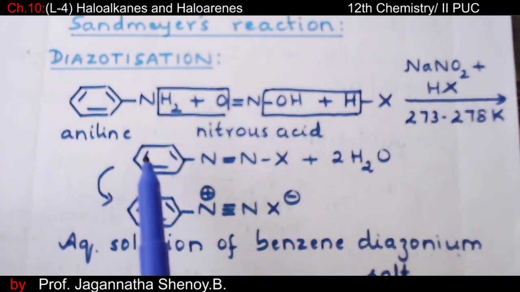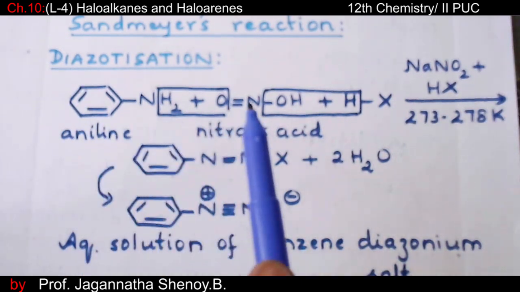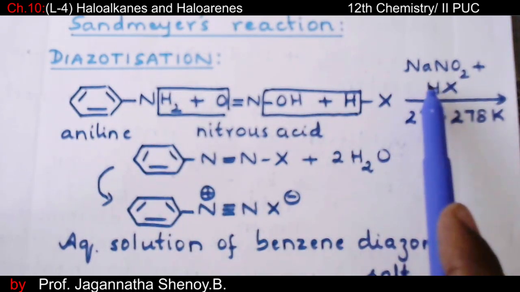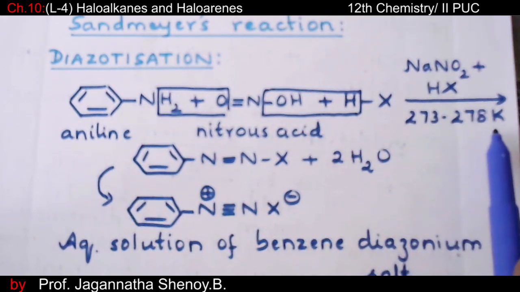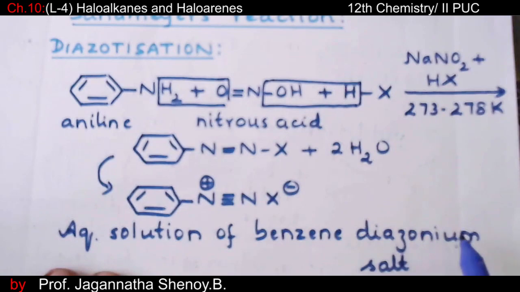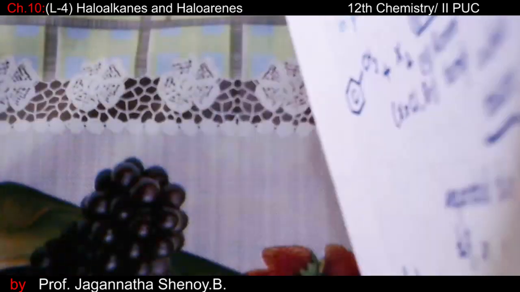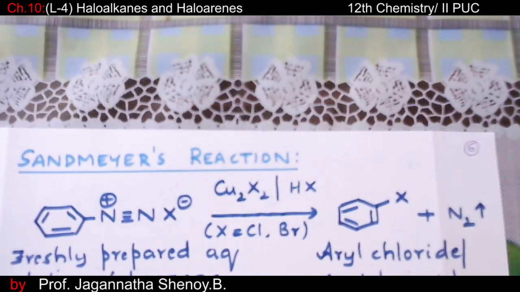So, in the diazotization reaction, I repeat, aniline is treated with a mixture of sodium nitrite and HX at 273 to 278 Kelvin. We get an aqueous solution of benzene diazonium salt. The reaction is called diazotization. So this is a very important reaction. Again, you are going to study about that under the amines chapter.